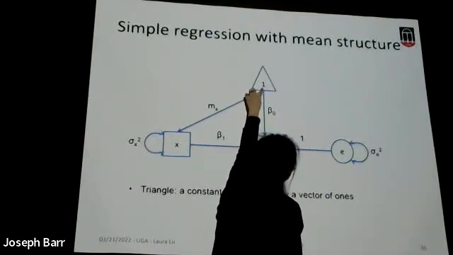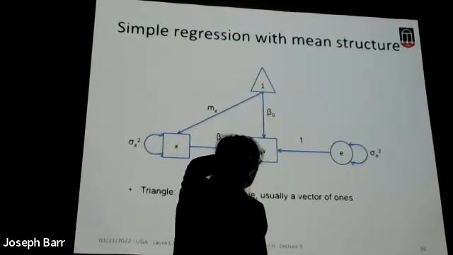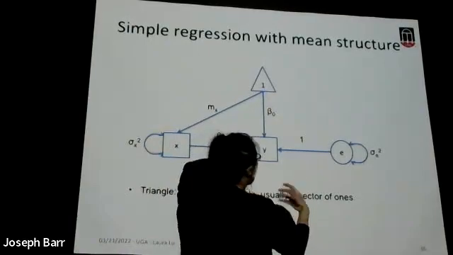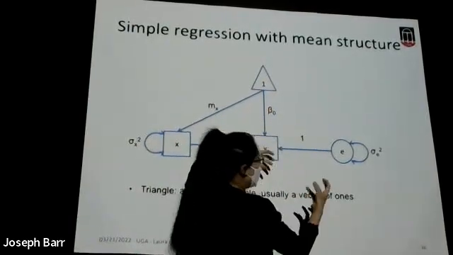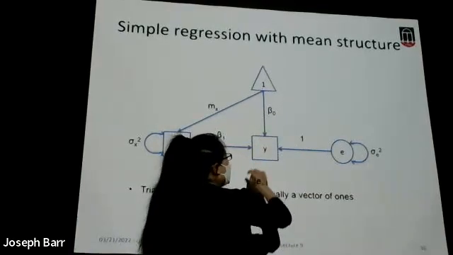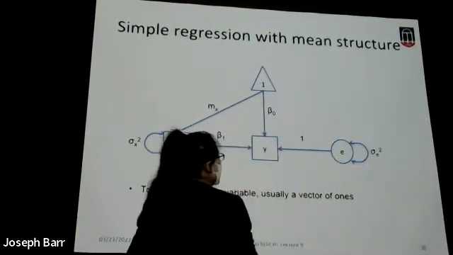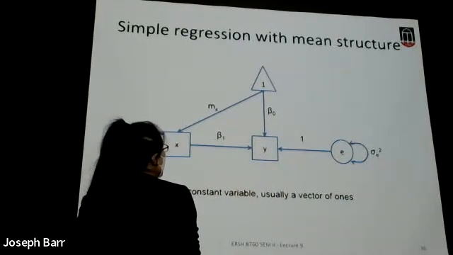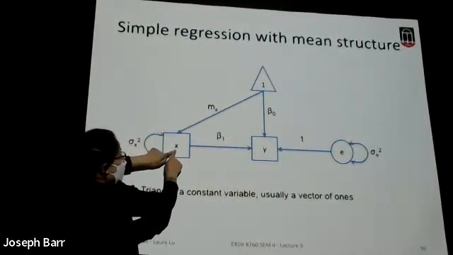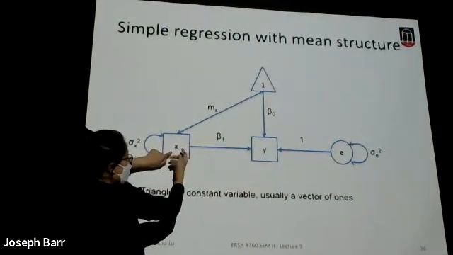And then from 1 to y, we have the contribution of the intercept. The intercept is a constant. From the constant to y, we have beta 0, the coefficient. Beta 0 times 1 gives us the intercept. And for x, we have the variance of x. We also assume the mean of x is not 0.